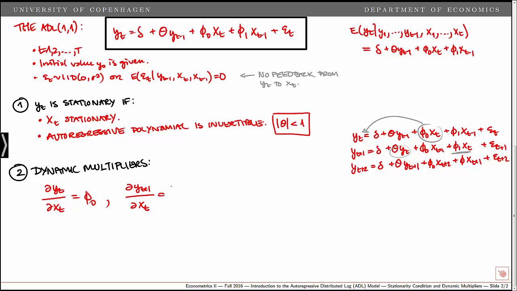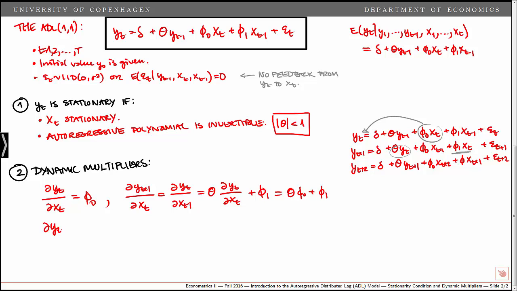We can rewrite this as the derivative of y_{t+1} given x_t. And then we get first an indirect effect, which is just theta, the derivative of y_t given x_t, plus the direct effect coming from here, which is the coefficient phi_1. If we multiply these together, we get theta phi_0 plus phi_1.